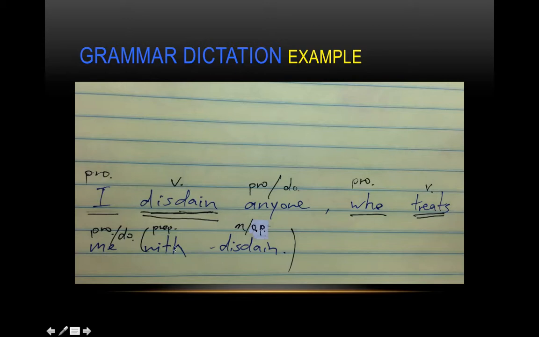Also, this is the one I was talking about, parenthesizing prepositions. You just parenthesize the preposition, for example this one, with disdain, and the preposition will always go with an object of the preposition, so you want to take note of that. This is the example of our grammar dictation.